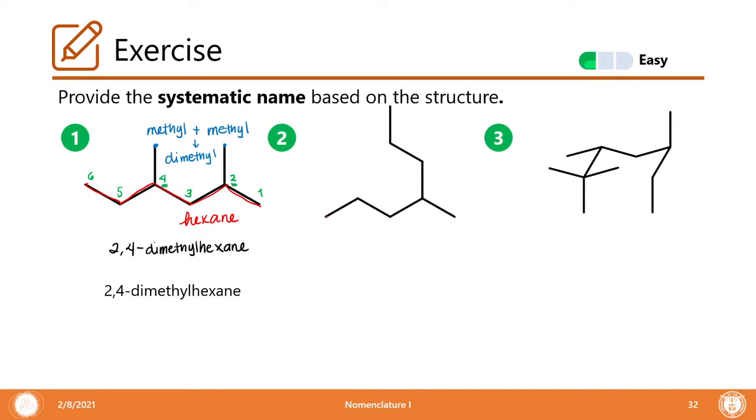Okay. Let's count. 1, 2, 3, 4. I think this will go in a longer direction. 5, 6, 7. So we have 7 carbons.